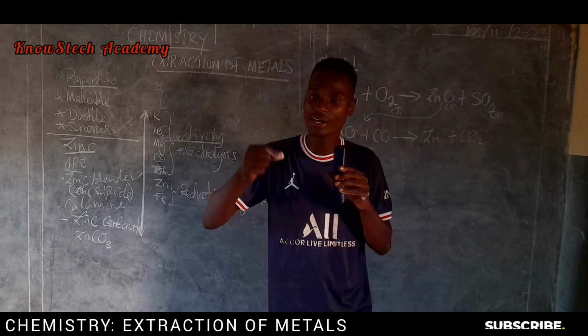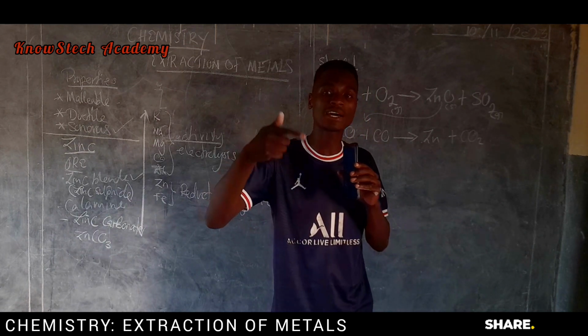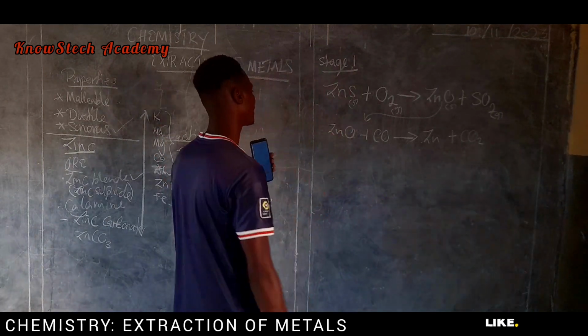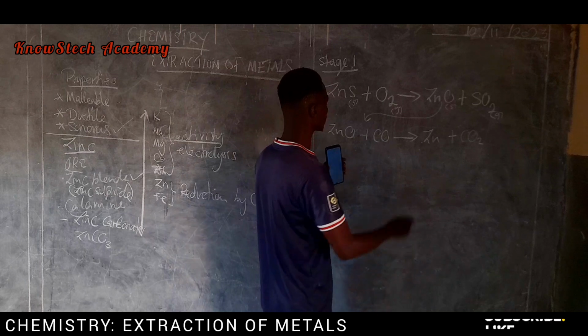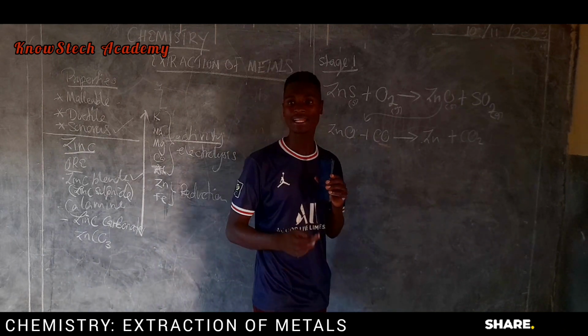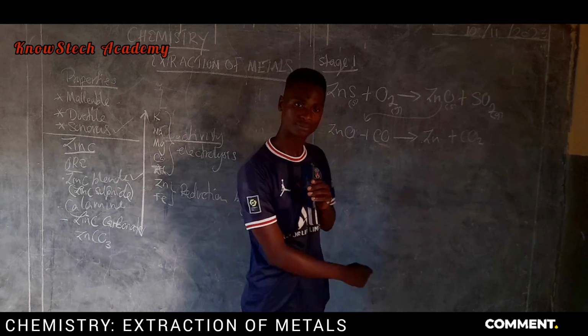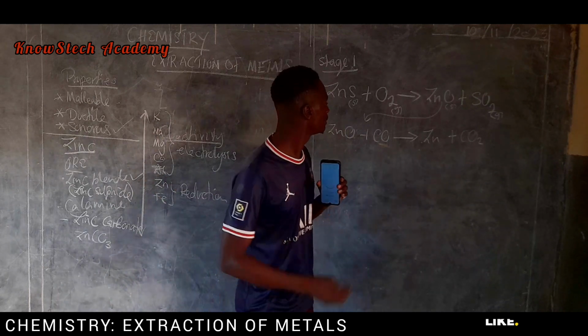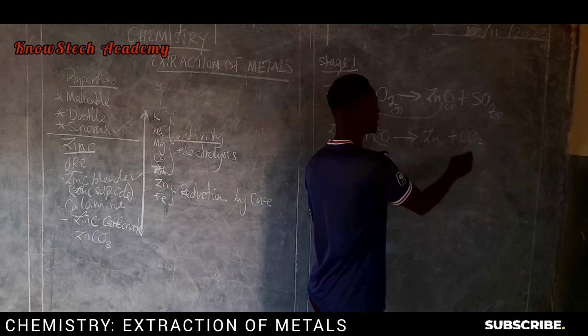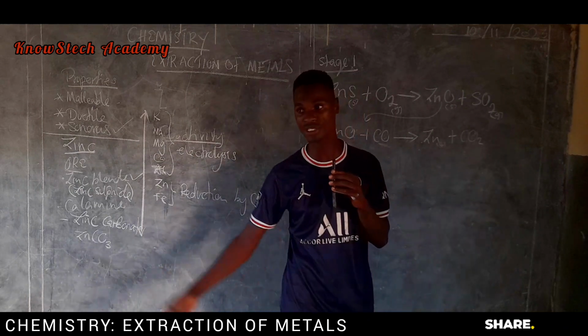Then the carbon dioxide reacts further with coke to form carbon monoxide. Exactly. That's the carbon monoxide which is here, and it's a reducing agent. Correct. So the zinc formed here is in the molten state, which is the liquid state.